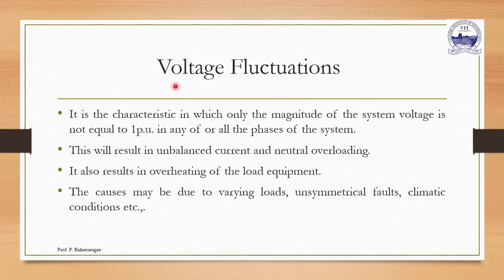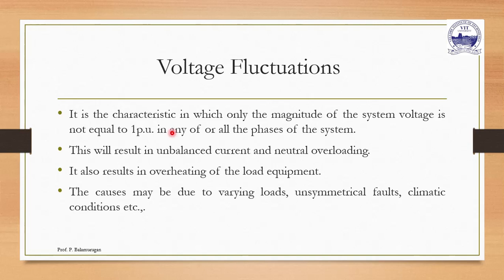So coming to the voltage fluctuation, it is the characteristic in which the voltage magnitude of the system voltage is not equal to 1 per unit in any of the phases or all the phases of the system. Here again there is a difference between the voltage fluctuation and the voltage sag or swell or over voltage or under voltage.